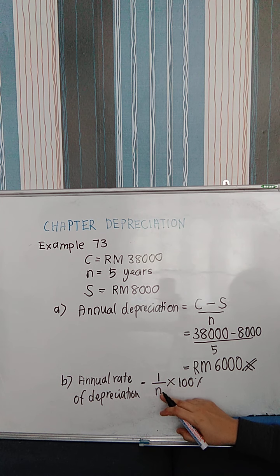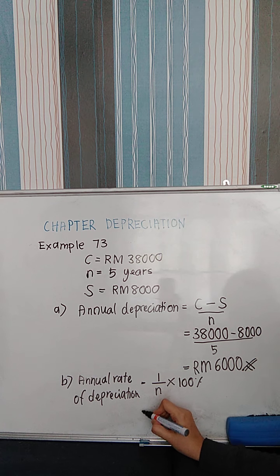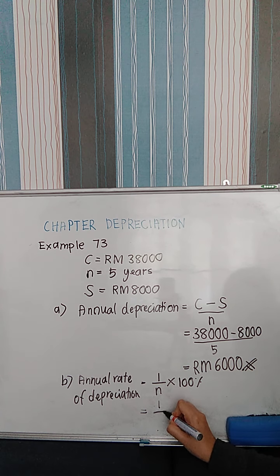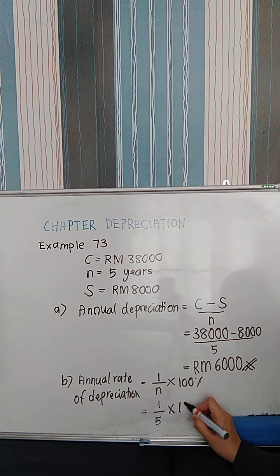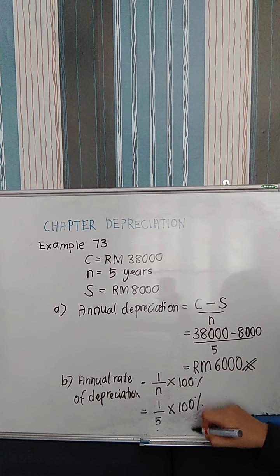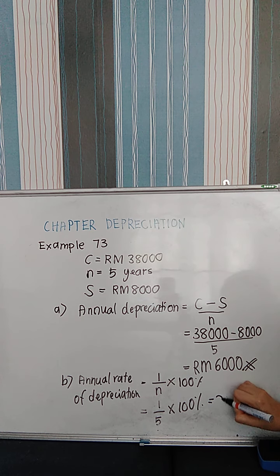So N is 5. So 1 over 5 times 100%. The answer for annual rate is 20%.